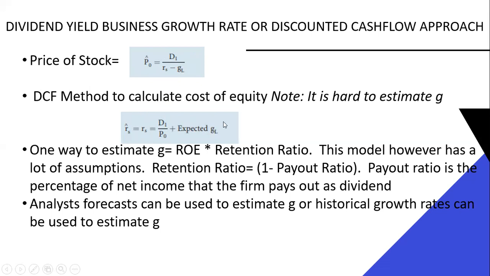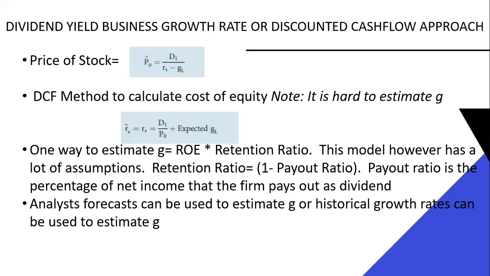A lot of this information is generally going to be given to you in the questions that you will be solving. One thing to mention is that it is hard to have a good estimate of the growth rate, so this is something to keep in mind. And what we're talking about here is the growth rate of the dividend. One way to estimate the growth rate, which is difficult as I just mentioned, is to take the ROE and multiply it by the retention ratio.